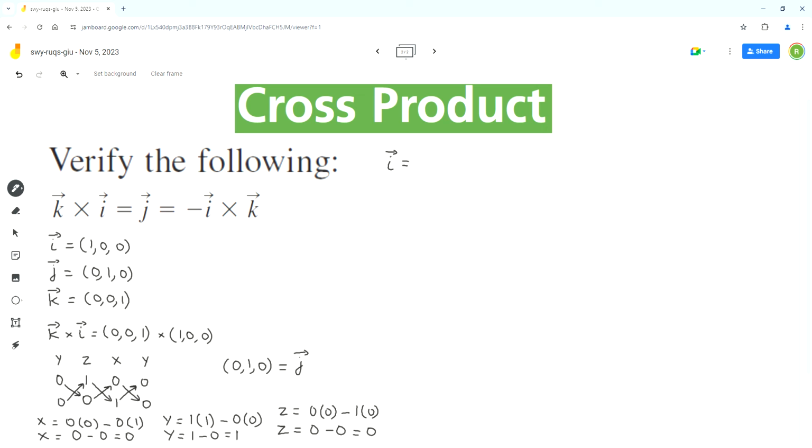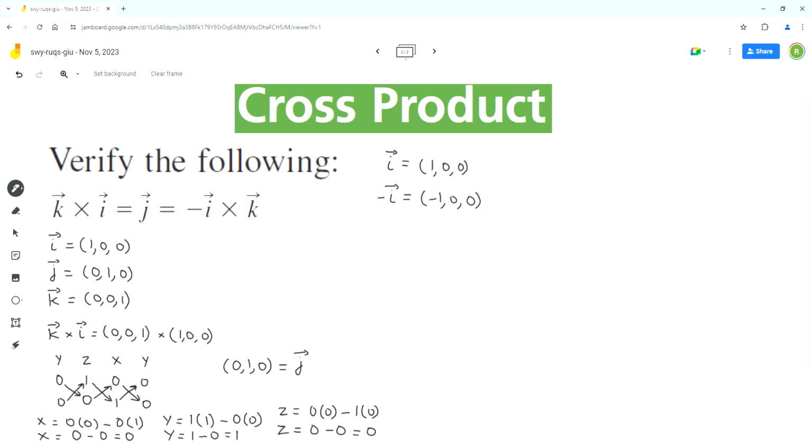So first let's find the vector minus i. Vector i is equal to 1, 0, 0. Now we can find vector minus i by multiplying vector i by negative 1. So we should multiply all components of vector i by negative 1. So we get -1, 0, 0.